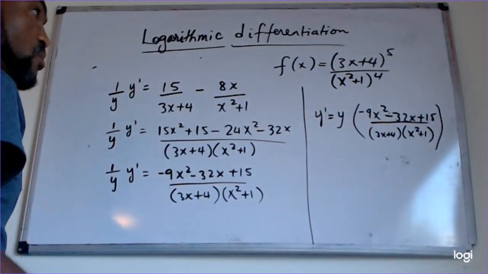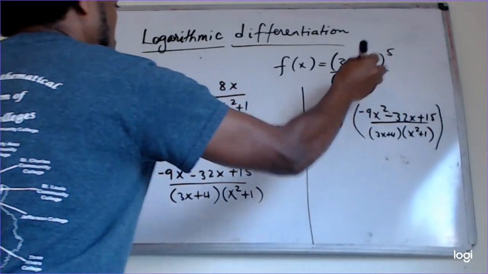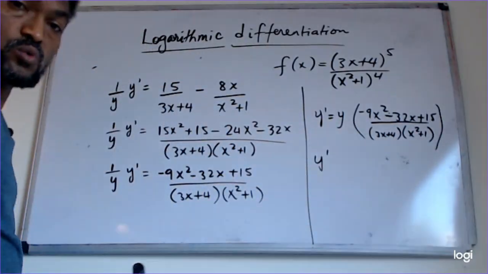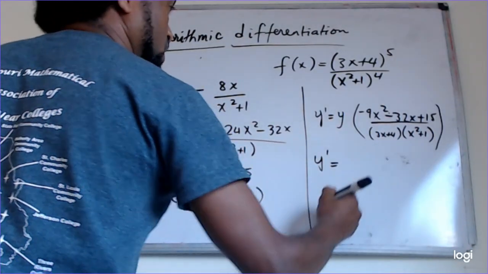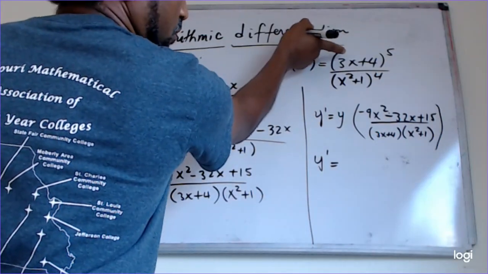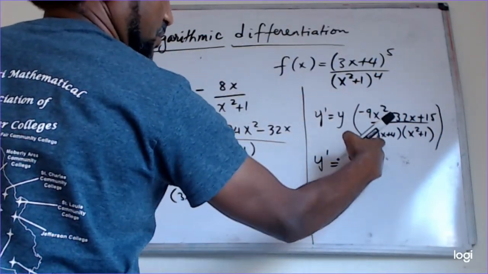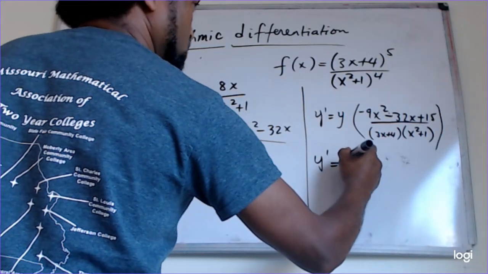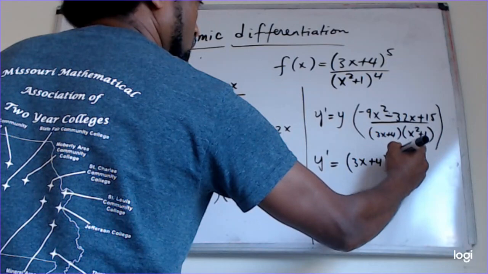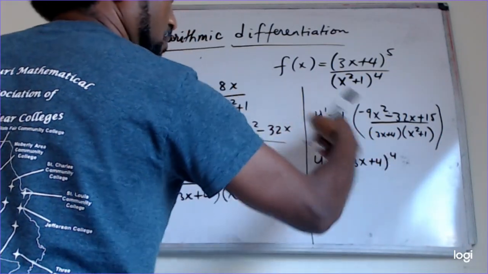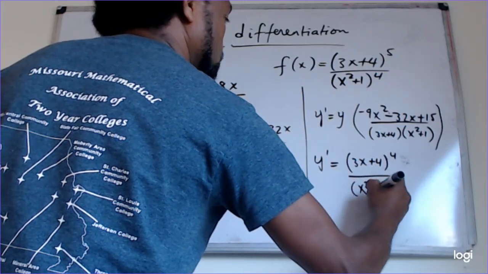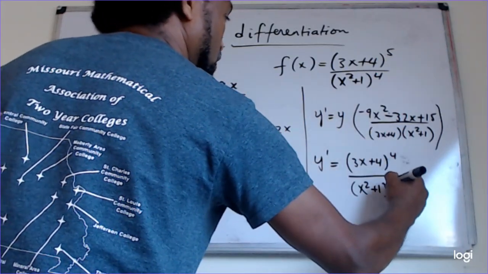But remember what y was: y is the original expression. So therefore y prime, which is the same as f prime of x by the way, is going to be: I have (3x plus 4) to the power of 5 divided by (3x plus 4), so that's going to be (3x plus 4) to the power of 4. But the denominator adds 1, so that's going to give me (x squared plus 1) to the power of 5.